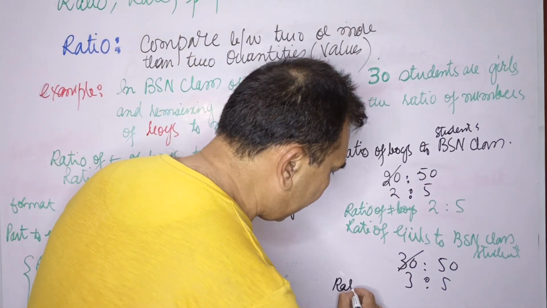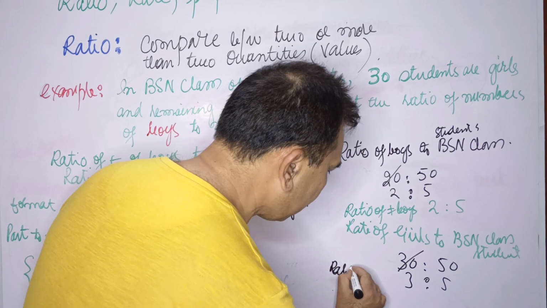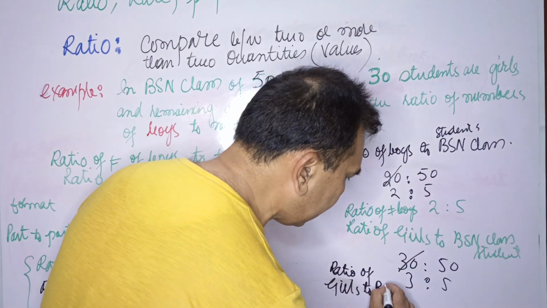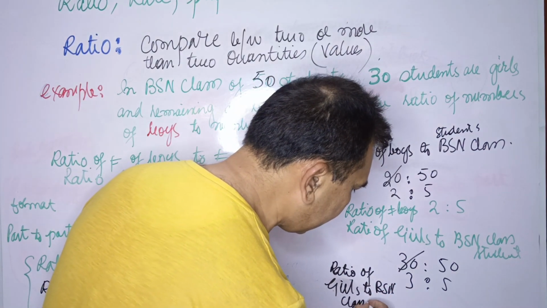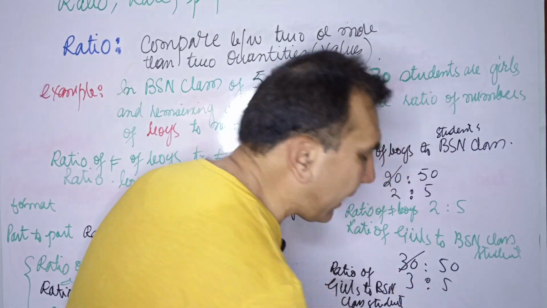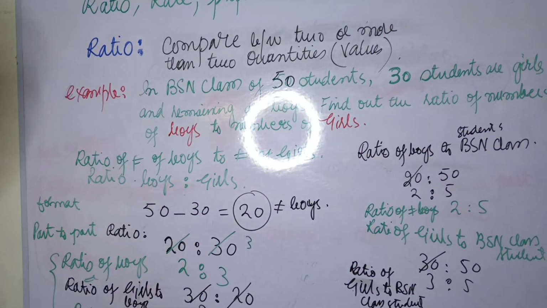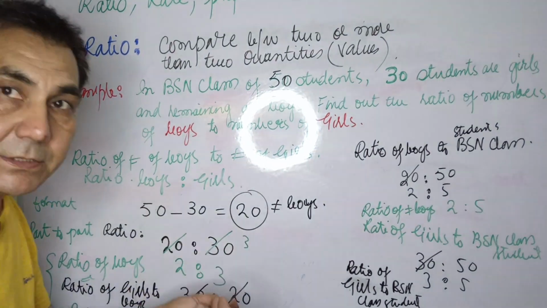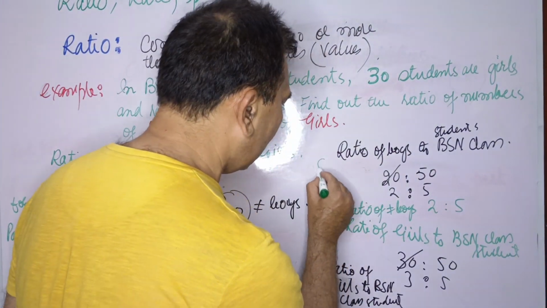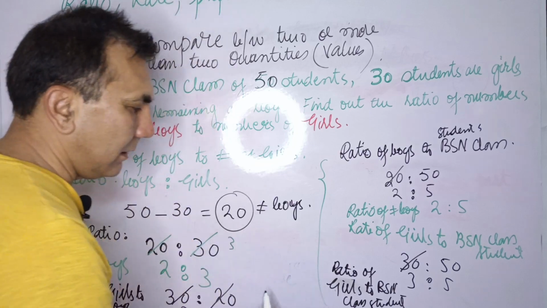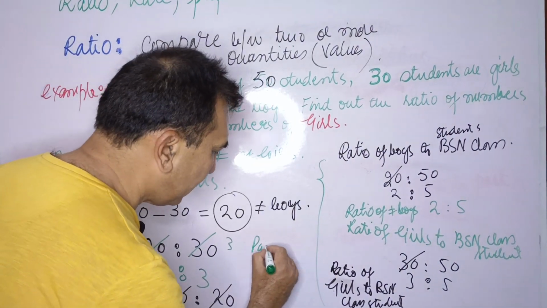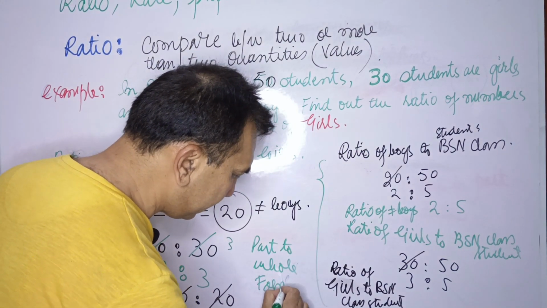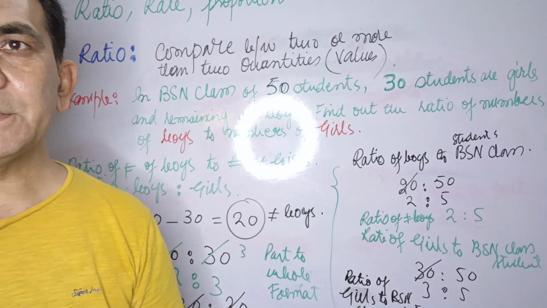It means the ratio of the number of girls to BSN class students is a 3 to 5 ratio. Okay, as I told you, this format is called part to part ratio, and this method, as we learned earlier, is called the part to whole format, right?